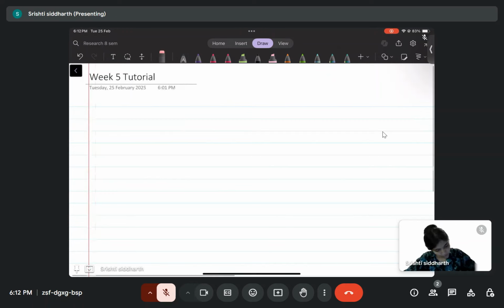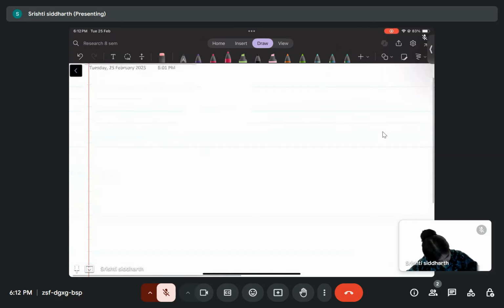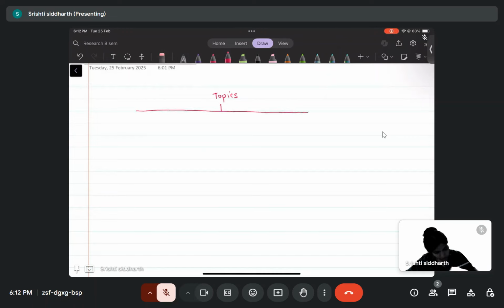So we'll start by writing down the topics that are going to be discussed in today's session. First one is going to be the controllable canonical form: how to obtain the transformation which transforms a state space LTI system to the CCF form.